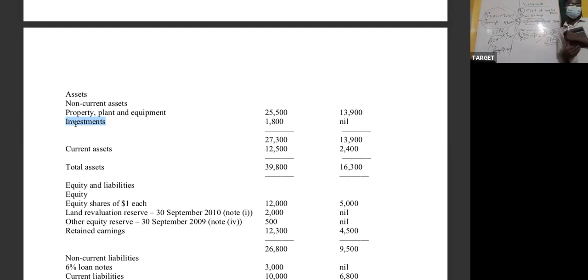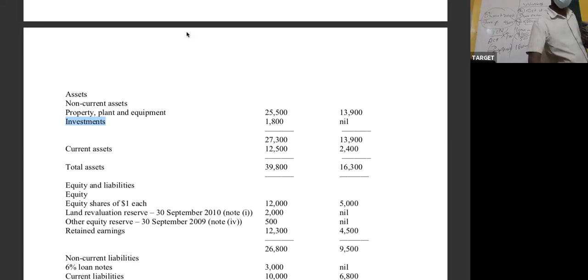So let's go to the financial position, subtract the 800 from the investment. We said that we don't consolidate what? Investment. So go there, the 1,800 less 800. Please don't close it until further notice.